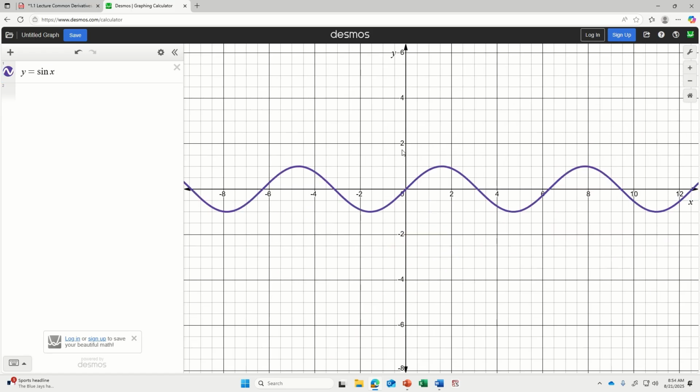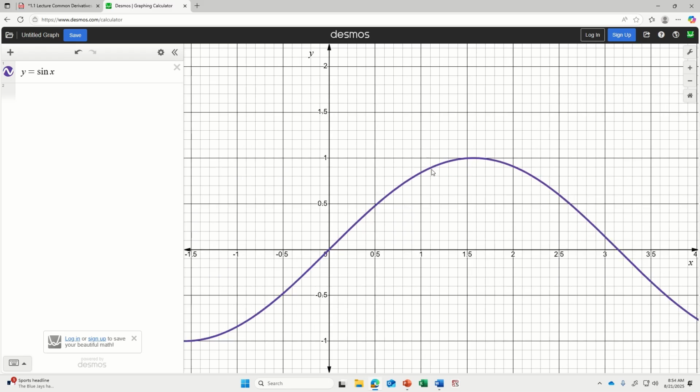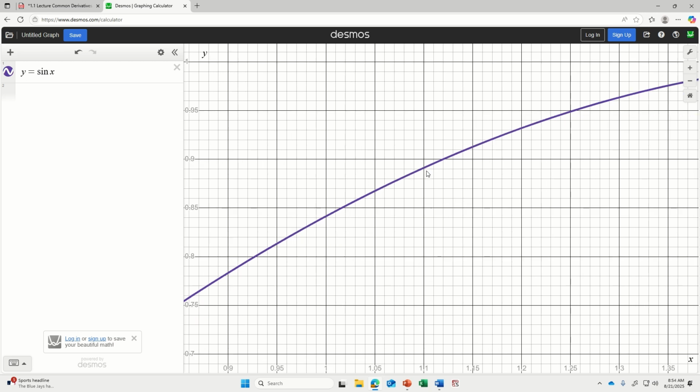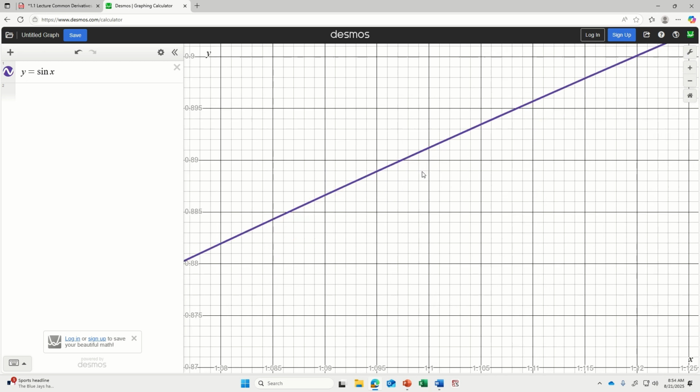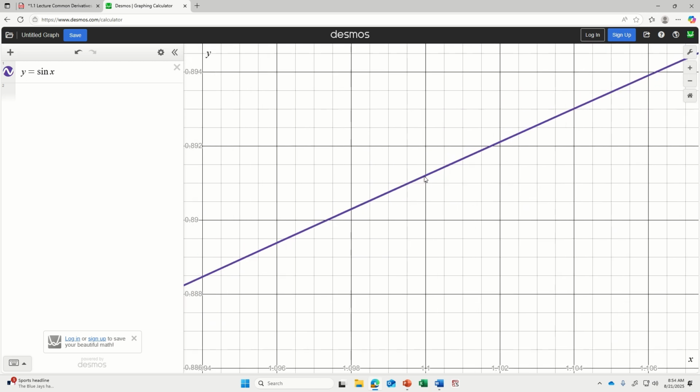is that when I'm zoomed out, this does not look like a line. I hope, right? It looks squiggly. So when you're zoomed out and you're looking at the whole function, it doesn't look very linear. But zoom in and you get really close to the function, suddenly it looks like a line.